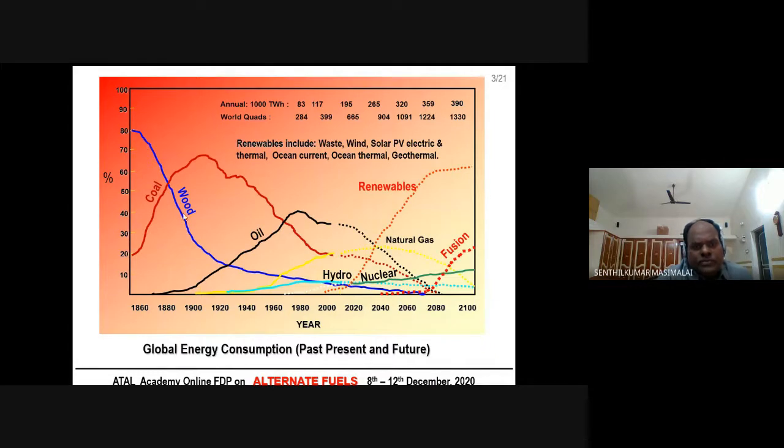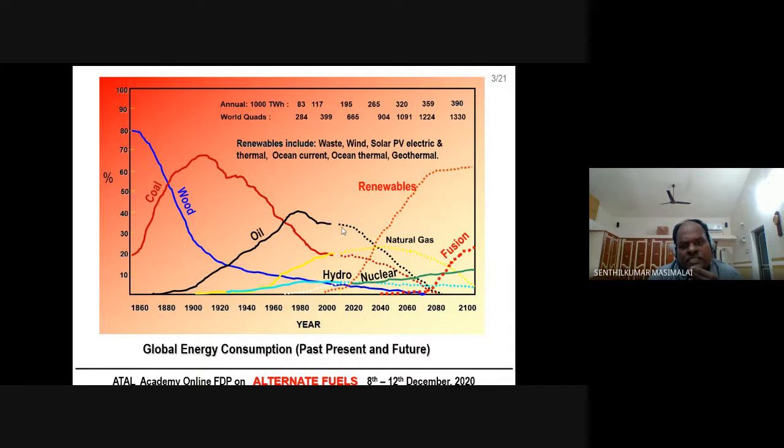Then after finding the availability of coal, people started using coal as the fuel for heating and also for power production. Later on, after the discovery of petroleum resources, petroleum fuels came into the picture. Even now, we use petroleum products for our energy and power.